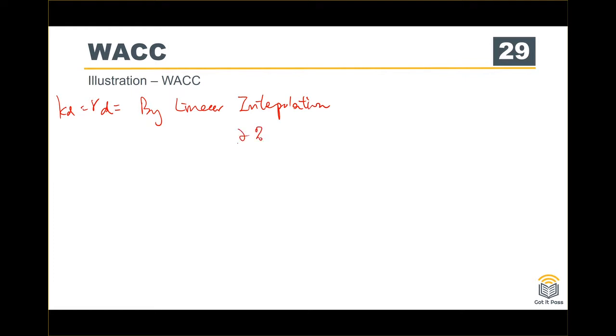Assume 2% as one scenario, the other is 15%.